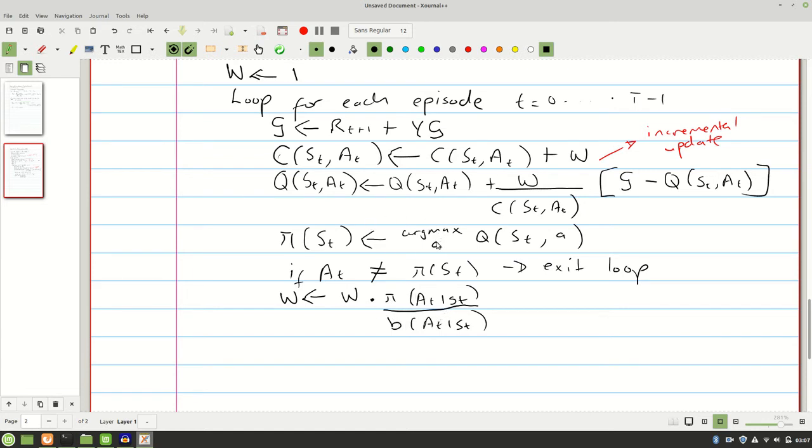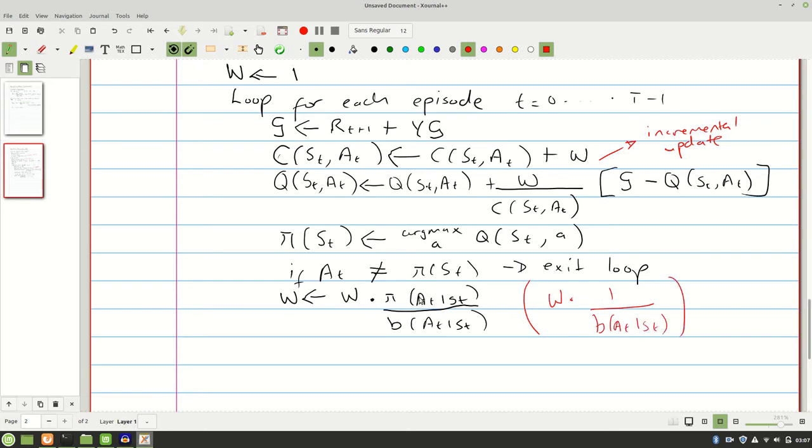Having said that, since pi of AT given ST is deterministic, instead of writing it, we can alternatively write this as W multiplied by 1 over B of AT given ST. And why this one?